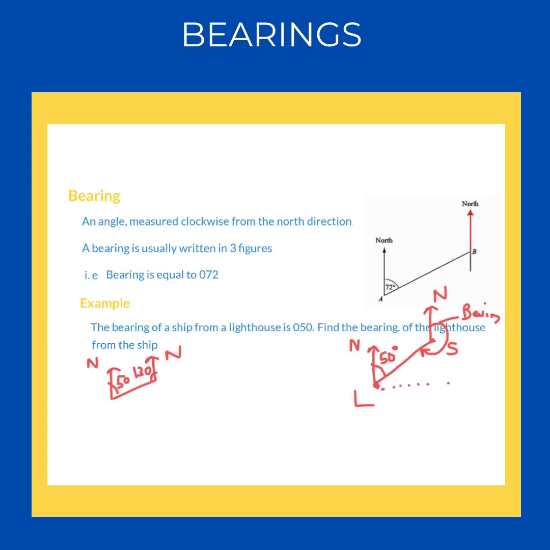So the bearing is simply the full turn angle, which is 360 degrees, minus this angle, which is 130, and the answer is 230 degrees. So the bearing of the lighthouse from the ship is equal to 230.